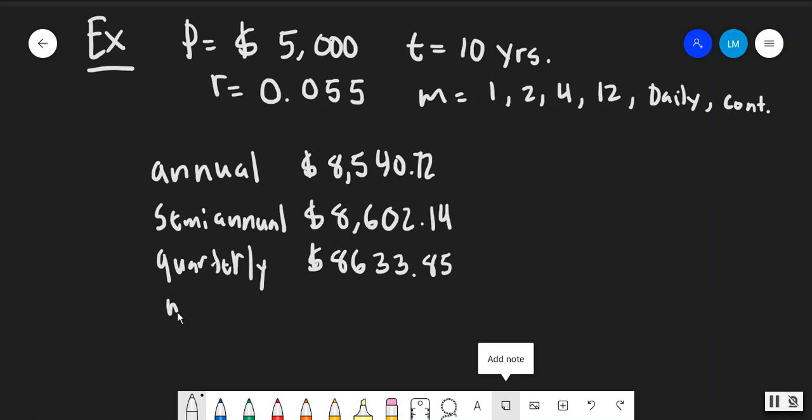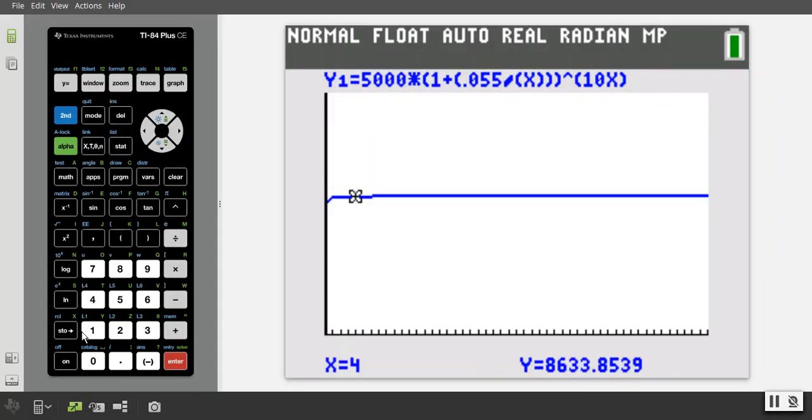Now we can look at monthly, for example. Monthly is just when it's 12, so we type in 12.